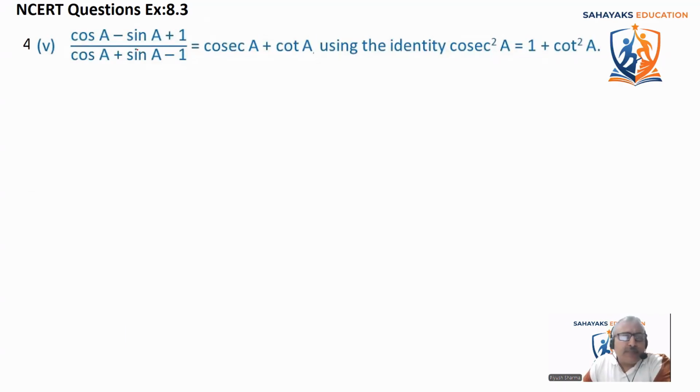So this question says that (cos A minus sin A plus 1) divided by (cos A plus sin A minus 1).